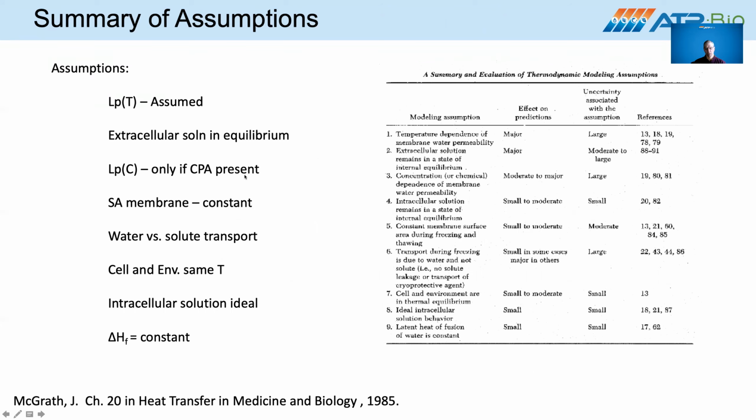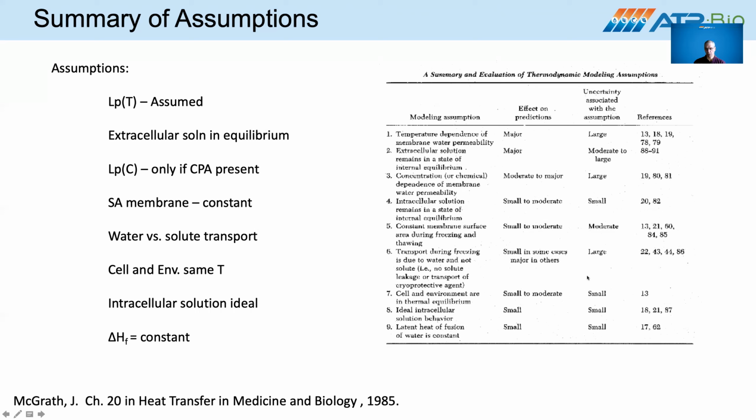And that CPA might be like DMSO or glycerol, one of these biologically compatible antifreeze molecules. There's also an assumption of the surface area of the membrane being constant. We're assuming only water is moving through the semi-permeable membrane, no solute, and that the cell and the environmental temperatures are the same, the intracellular solution is ideal, and that the heat of fusion is constant. And this is again covered in John's chapter in heat transfer in medicine and biology.